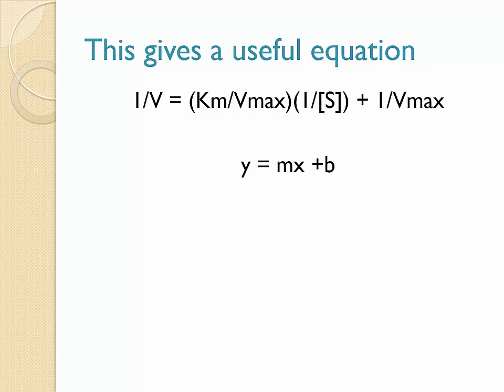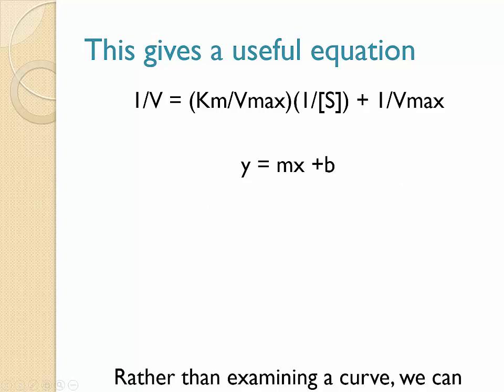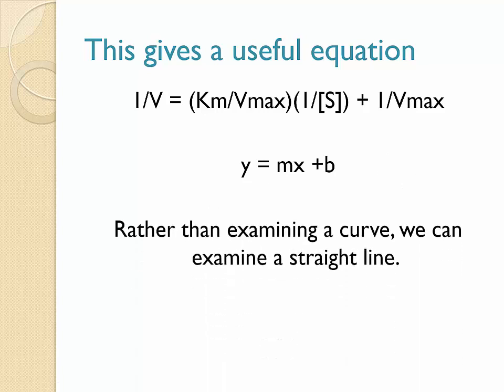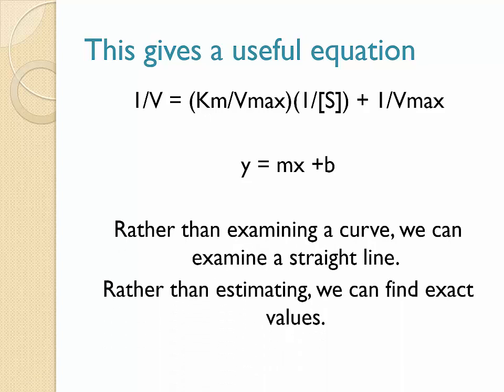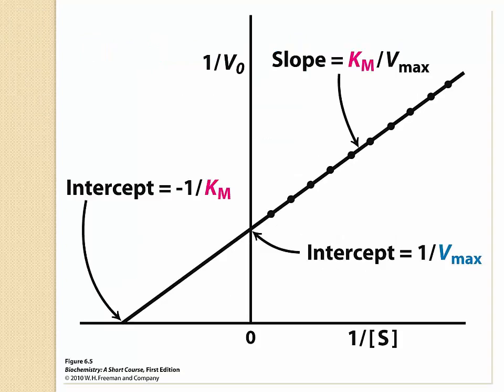That is a straight line, where if we set x to 0, we get our y-intercept of b, and if we set y to 0, we get an x-intercept of negative b over m. So we can play with this equation using a straight line and derive very important features from it. So we're no longer examining a curve, we're looking at the behavior of a line. That means we don't have to estimate, we can calculate exactly. So here's what a Lineweaver-Burke graph looks like.